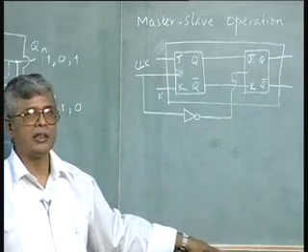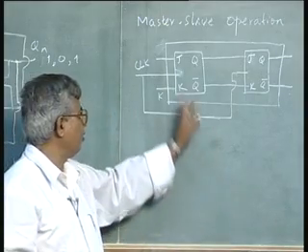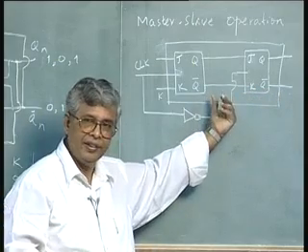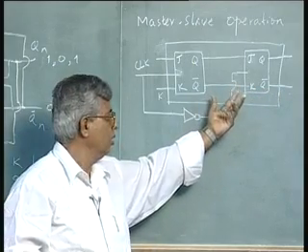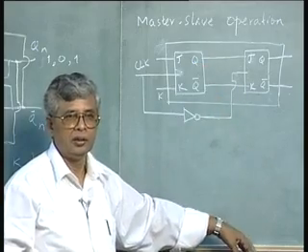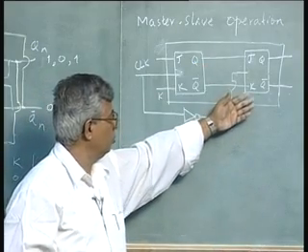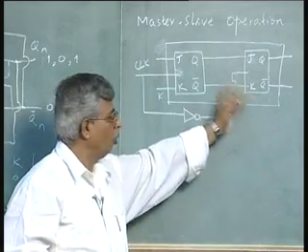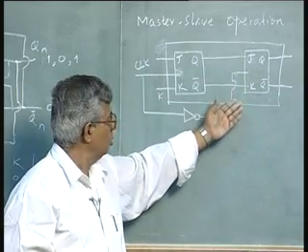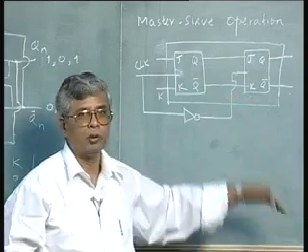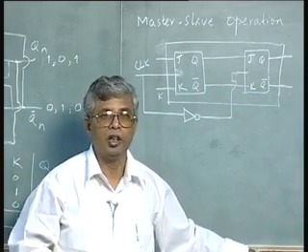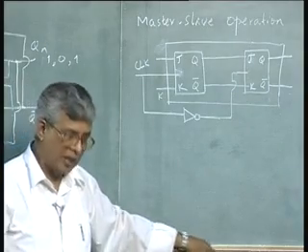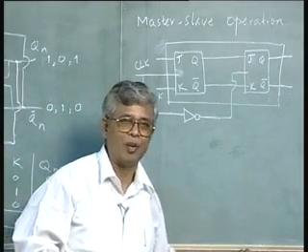When the delay of a gate is less than 1 nanosecond and there are a couple of gates in the path of this and a couple of gates in the path of this, a total of about 4 or 5 gates, 4 or 5 nanoseconds corresponds to very high clock rates. 10 nanosecond corresponds to 100 megahertz, 5 nanosecond will correspond to 200 megahertz operation. Very unlikely, except that in today's technology, Pentium 3, Pentium 4 processor, we talk about gigahertz operation.